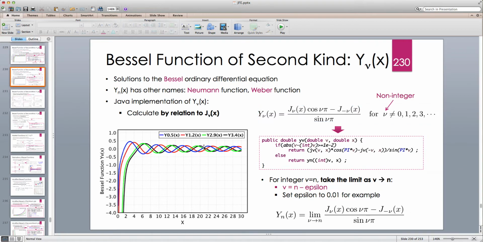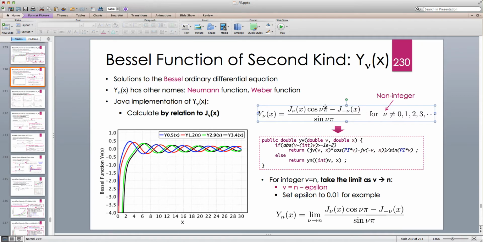So again, we see the oscillation behavior, which is good, and we see that the Y functions go to minus infinity as x approaches 0, which is correct. In fact, for non-integer nu, this thing that goes to infinity comes from the fact that J minus nu, when x goes to 0, approaches plus infinity.